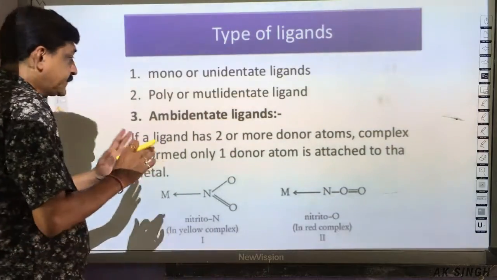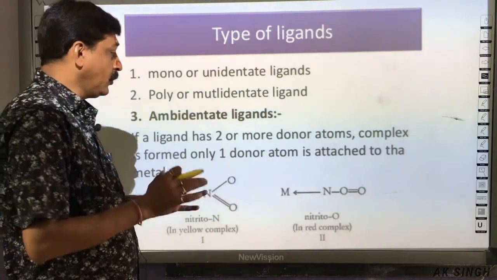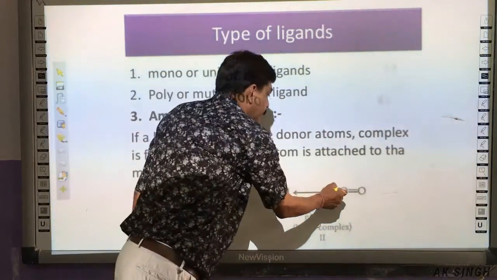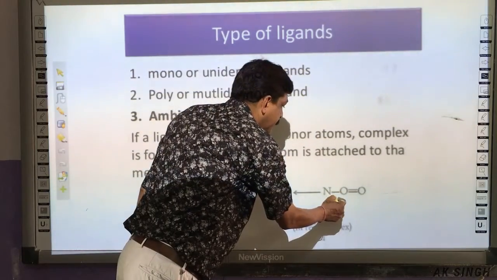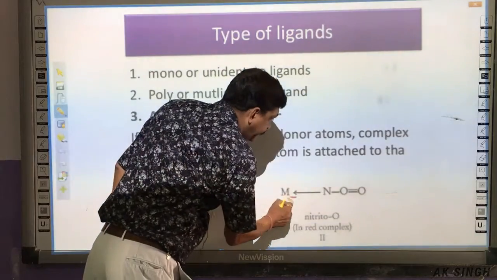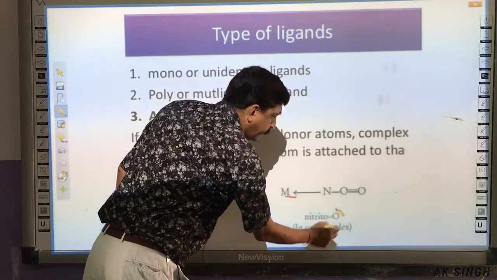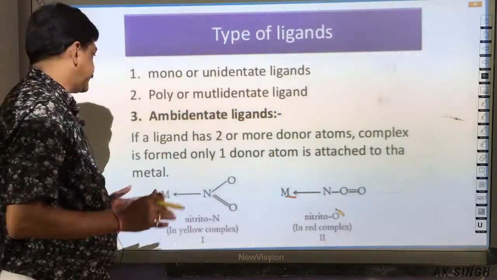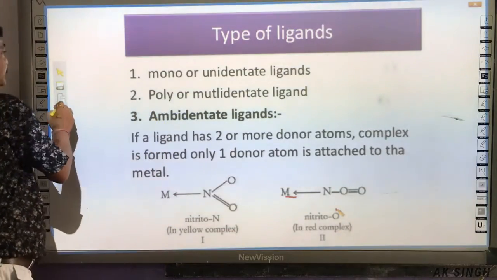Now if M is attached through the O, then it will be the O complex. So these are ambidentate ligands.